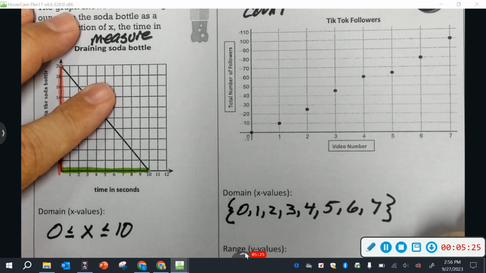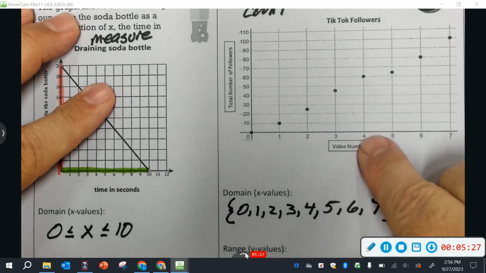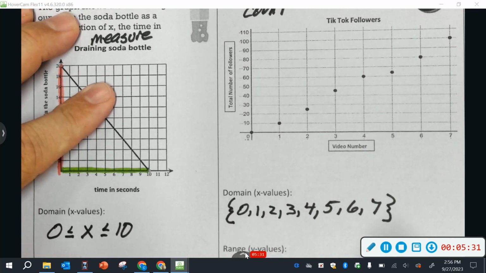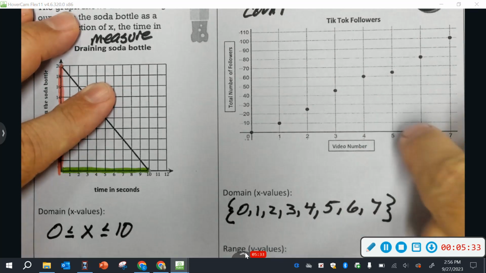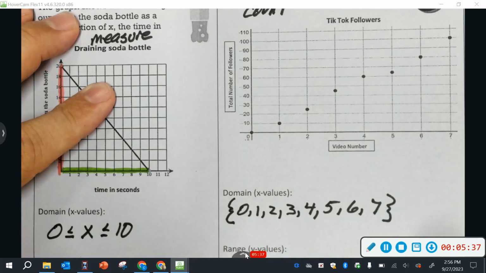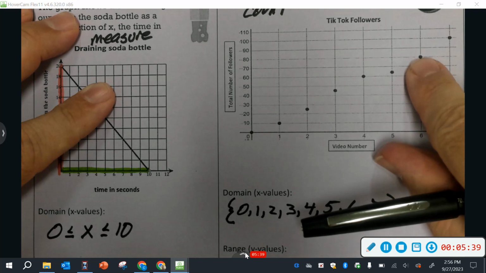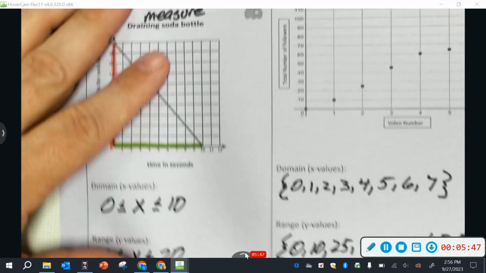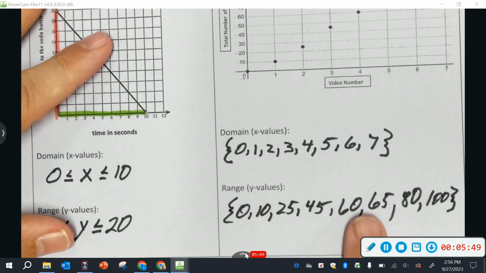Oh, where'd 45 go? Oh yeah, right there. And then here, we go up to 60, so our next one will be 60. And we just want the y values. We'll call that 65. This is 80. And then this is 100. Okay? And then we close our set notation just like this.